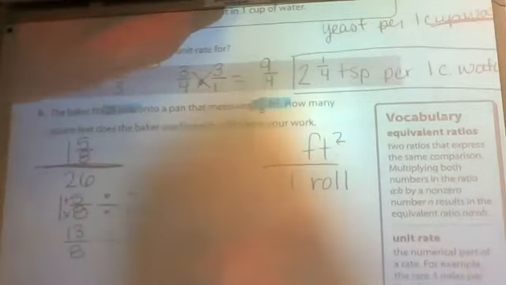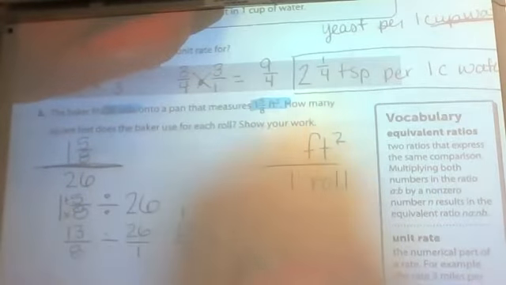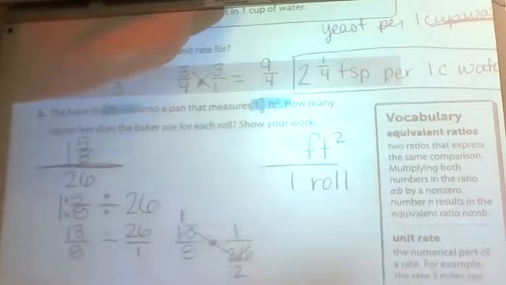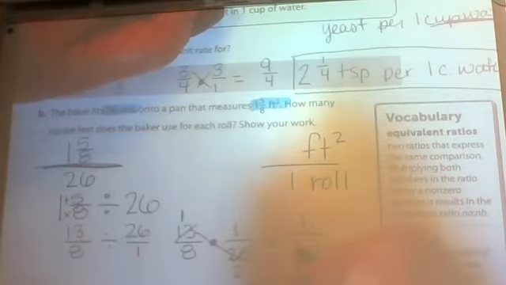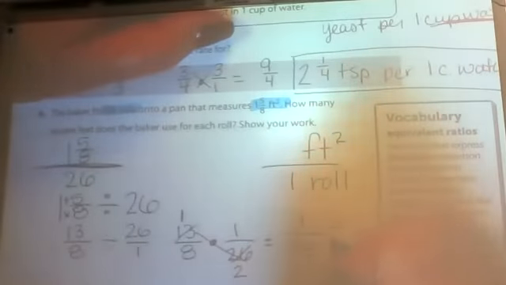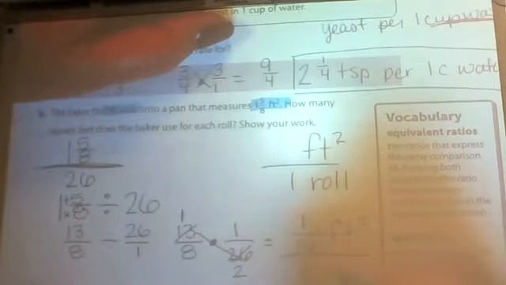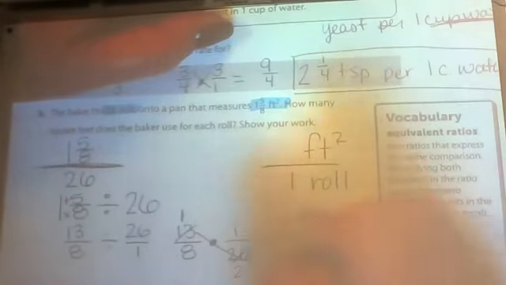Now look crossways. 13 goes into 13 once, 13 goes into 26 twice. 8 and 1 don't simplify, so I multiply everything straight out. 1 times 1 is 1. 8 times 2 is 16. So here it is. It's 1/16 feet squared for every 1 roll.